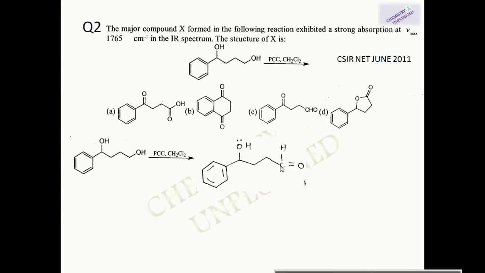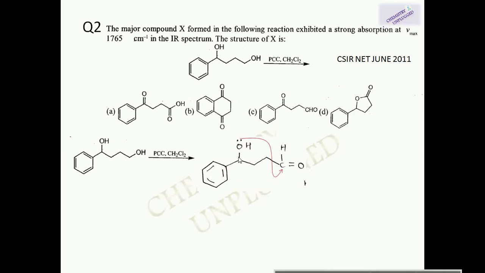First it will attack on primary alcohol, then it will convert it into aldehyde. Now we have a second alcohol group also, but it will not convert into ketone, but this reaction will undergo oxidative cyclization. We have also discussed this in the previous video.